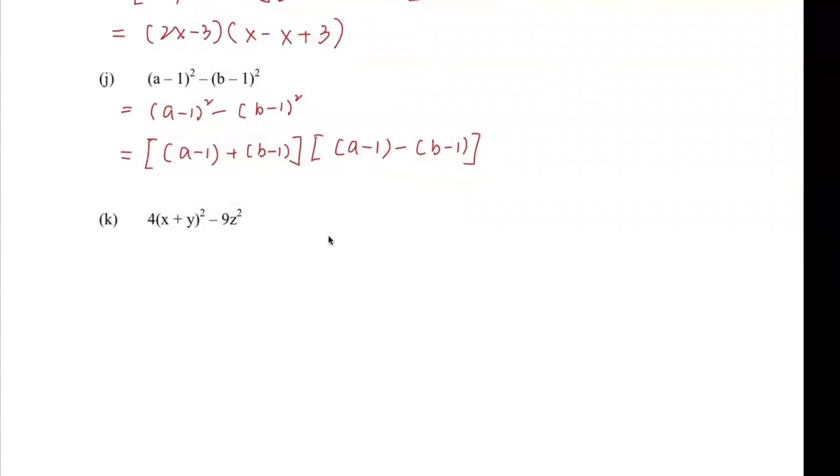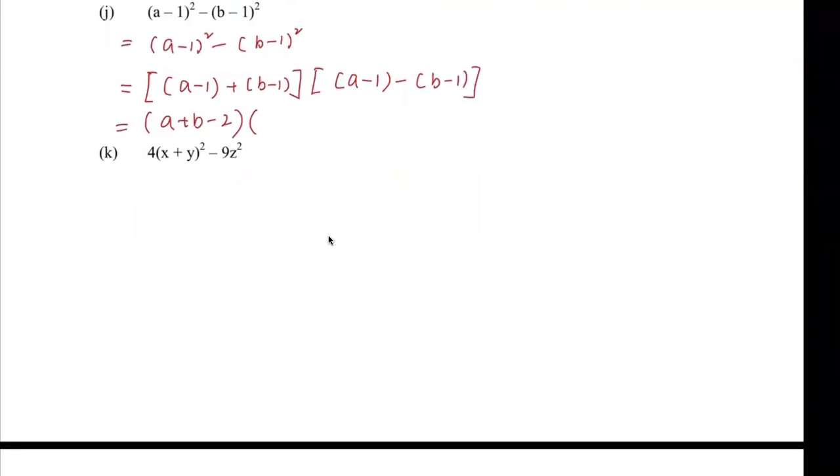And this is equal to a minus 1 plus b minus 1. This is equal to a plus b minus 2. And in the second brackets, again, we need to deal with the minus sign. We have a minus sign here, which means after we open these brackets, this minus sign needs to be changed to plus.